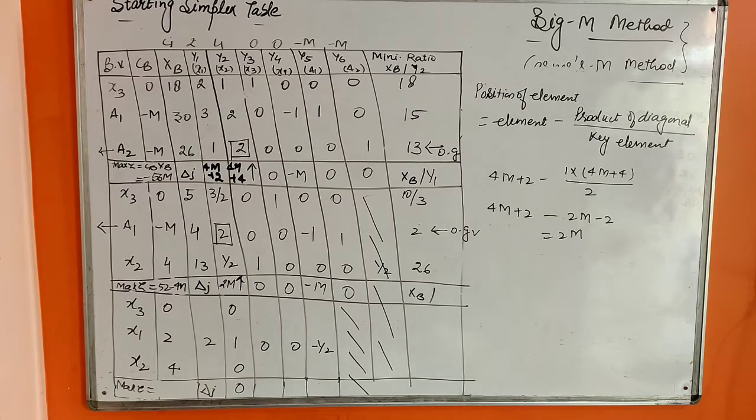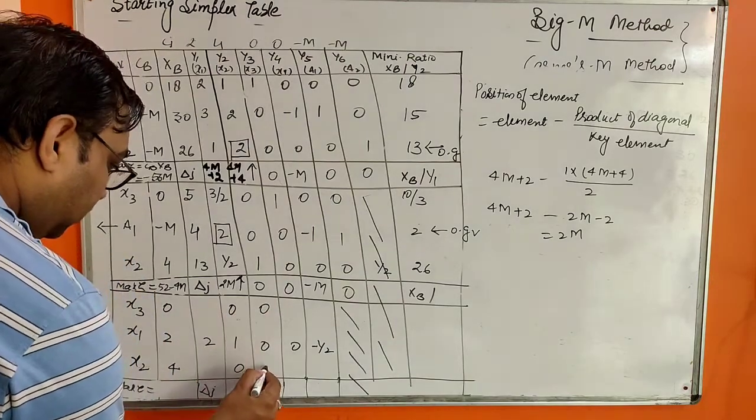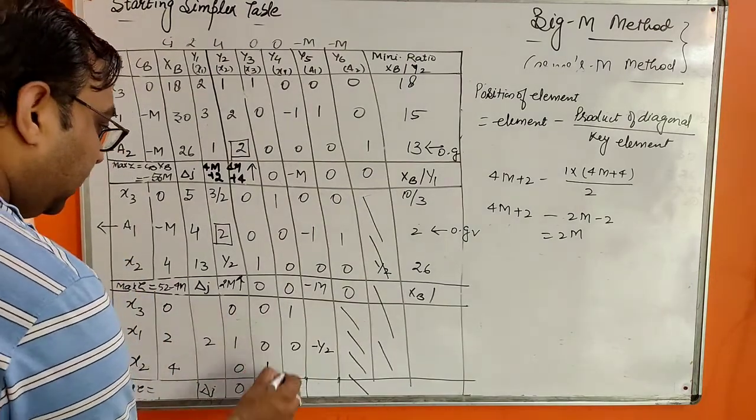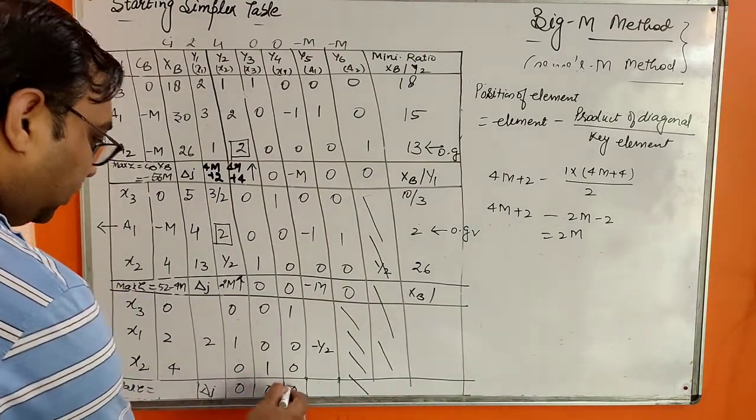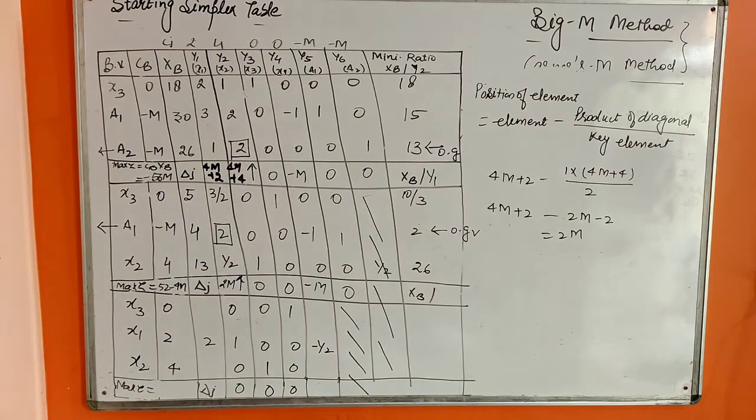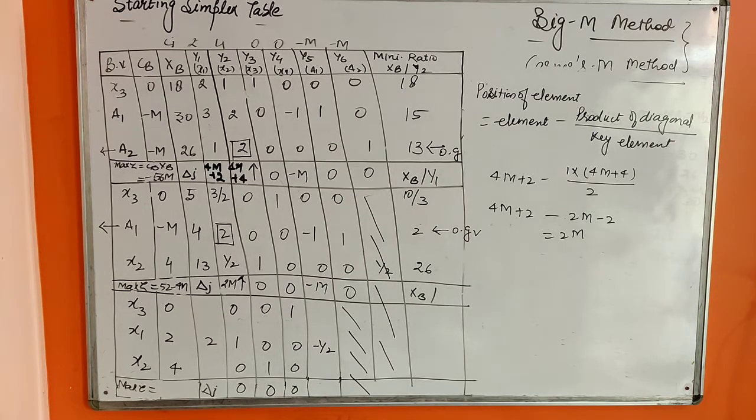In the key element row, if there is any 0, then the 0 containing column remains as it is. That is 0, 1, 0 and this 1, 0, 0. Now, if there is any 0 in the key element column, then the row remains as it is. There is no 0 in the key element column.